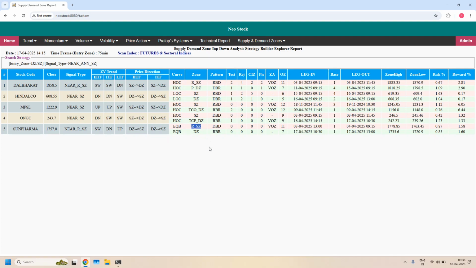Sun Pharma is having a 75 minutes high liquidity supply zone. We got only 1 stock from this list. So with this we have completed identification of daily and 75 minutes high liquidity zones.